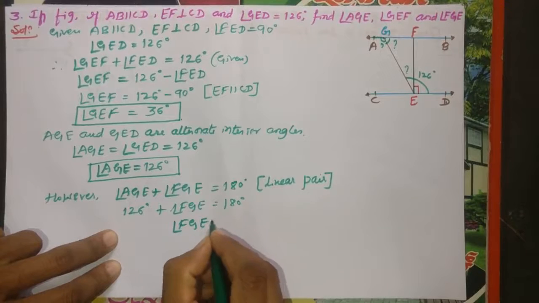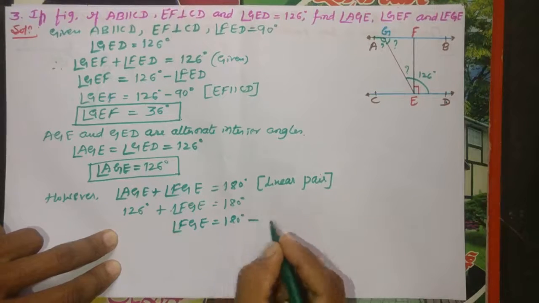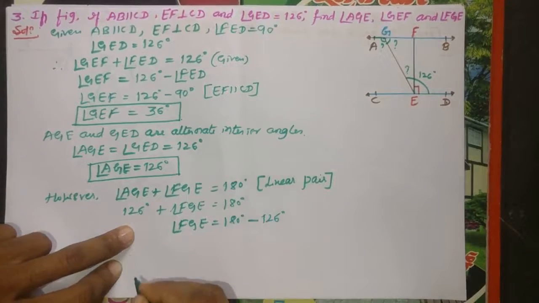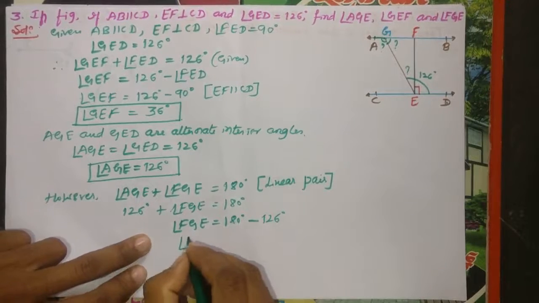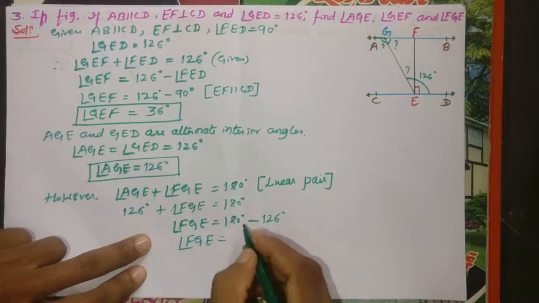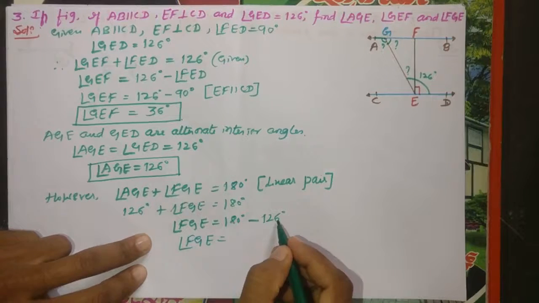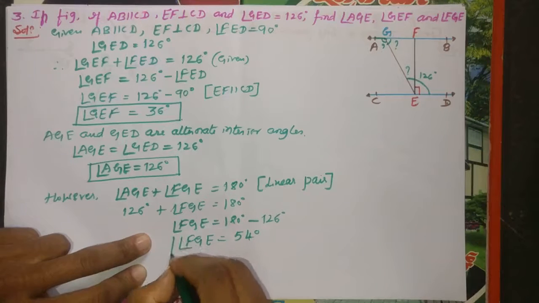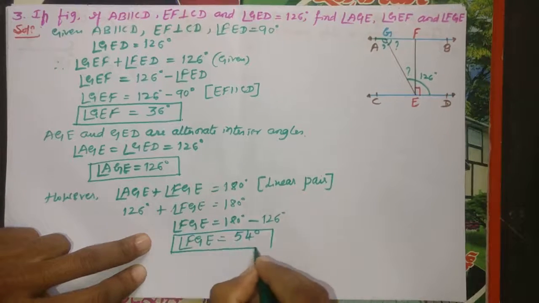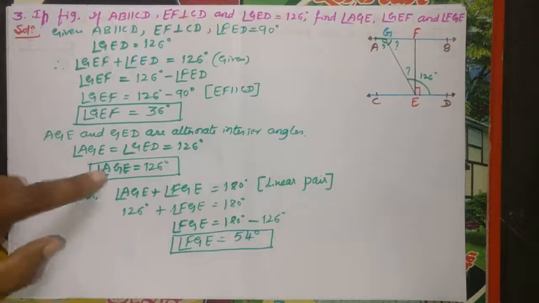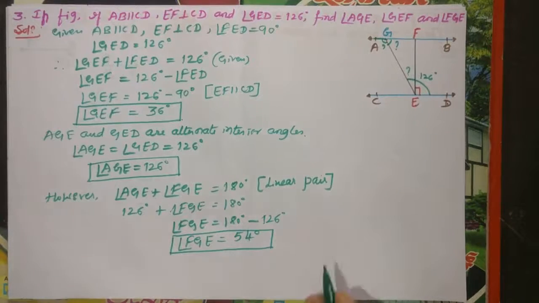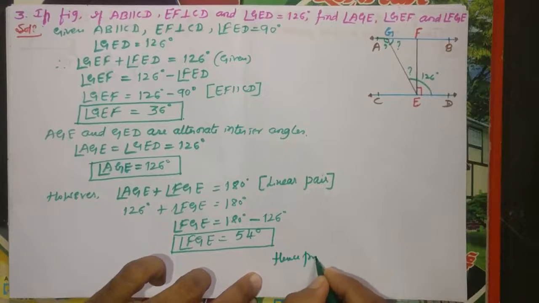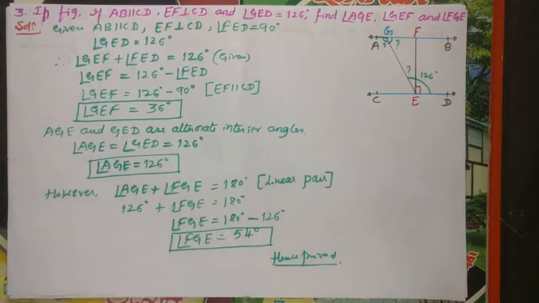Angle FGE is equal to 180 degrees minus 126 degrees, that is 54 degrees. We proved all three. Hence proved. This is the right answer.